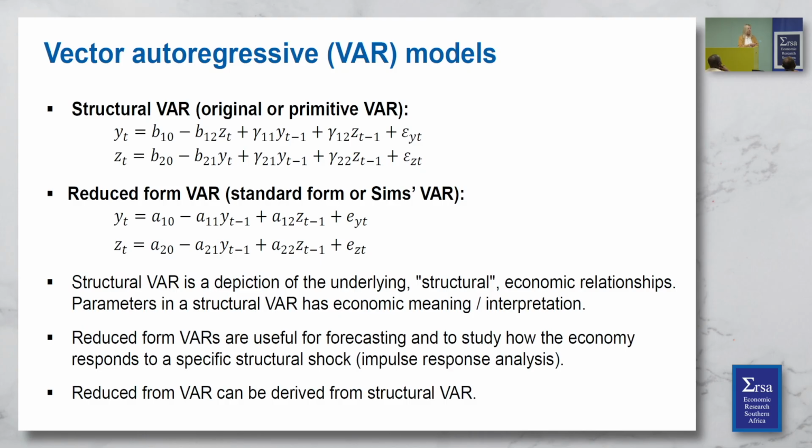And this will be a VAR of order 1, since we lag all the variables once. It's a 2-variable VAR of order 1. In a structural VAR, the parameters have economic meaning. In the reduced form VARs, we cannot attach any economic meaning to the parameters.